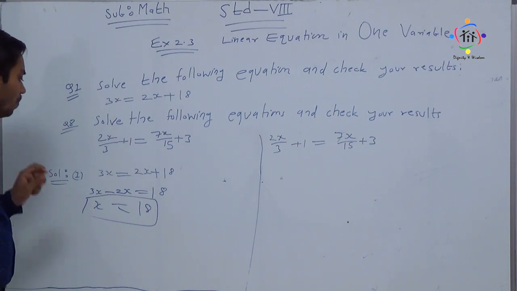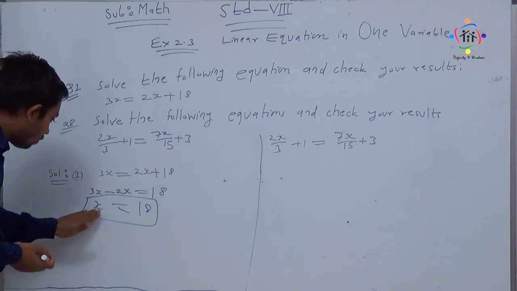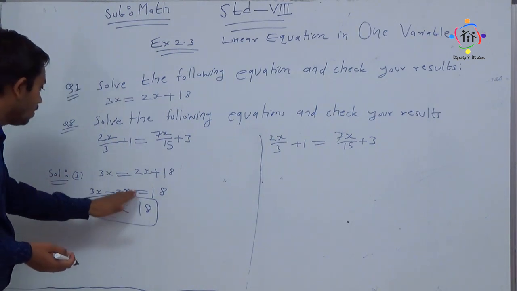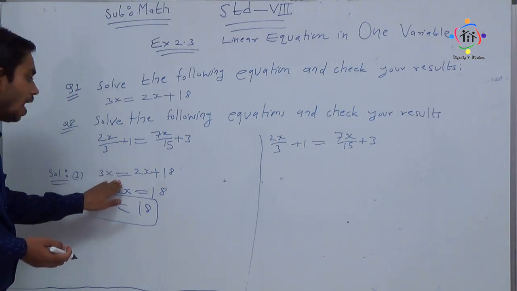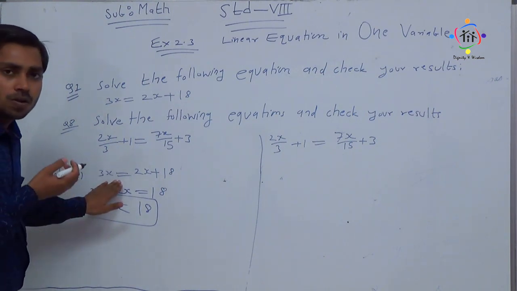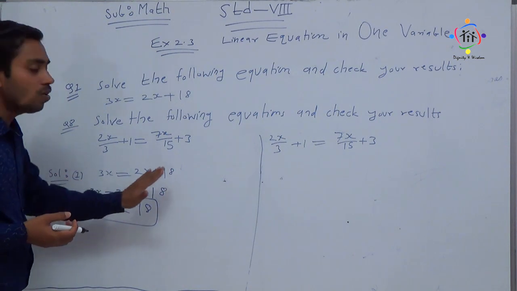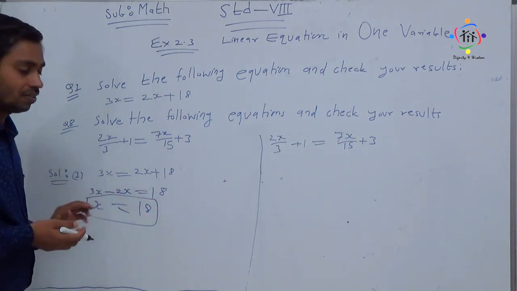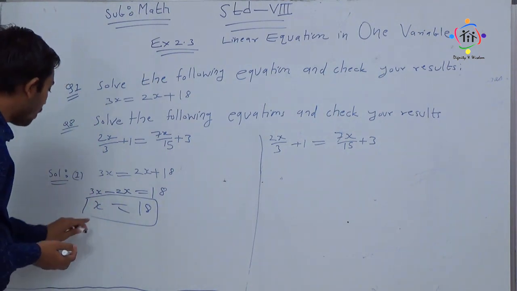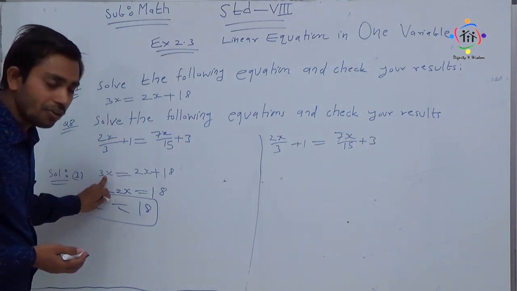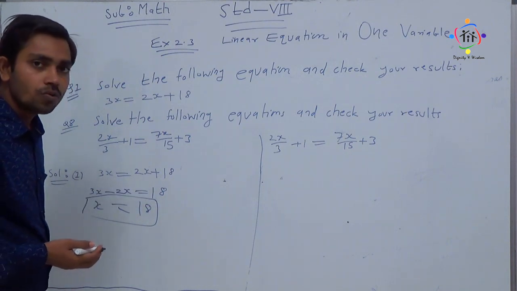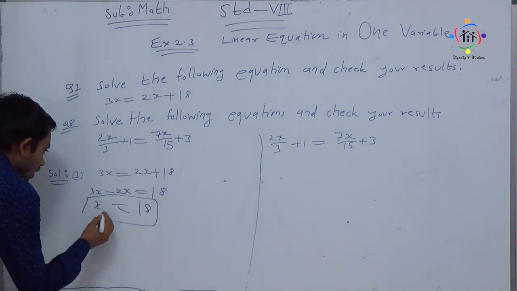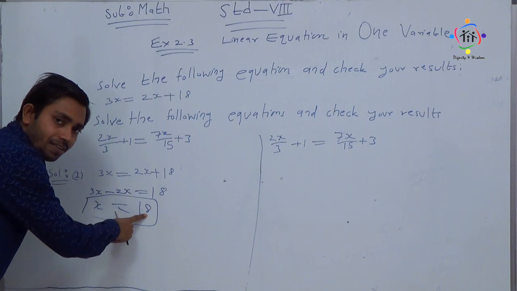Now, to check the result means what? I will put this value x is equal to 18 into this equation, and if we get LHS is equal to RHS, that means our solution is correct. So let us check, my dear students, by putting this value in the equation 3x is equal to 2x plus 18. So here we got the value of x as 18.